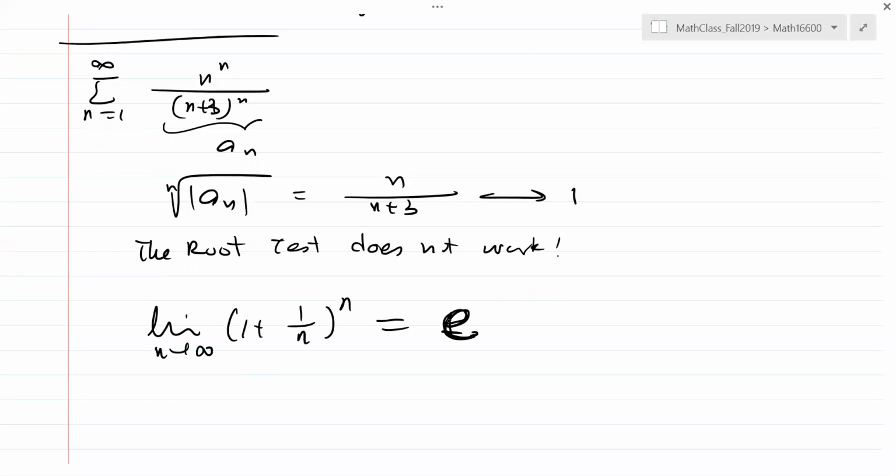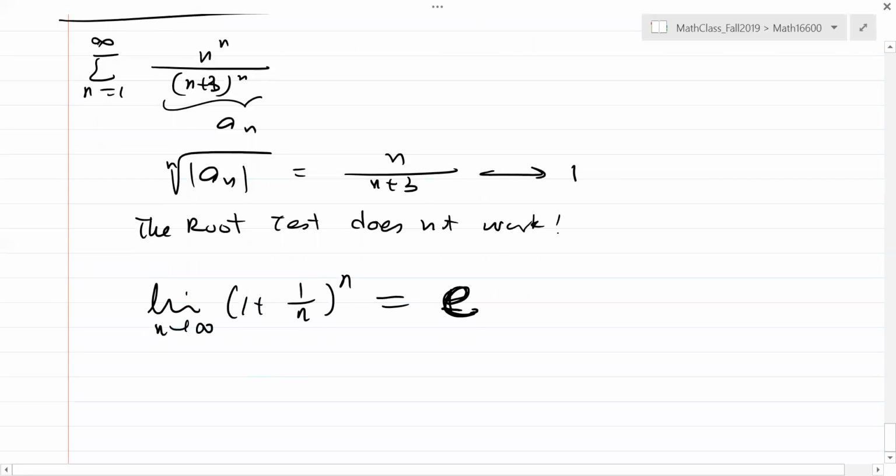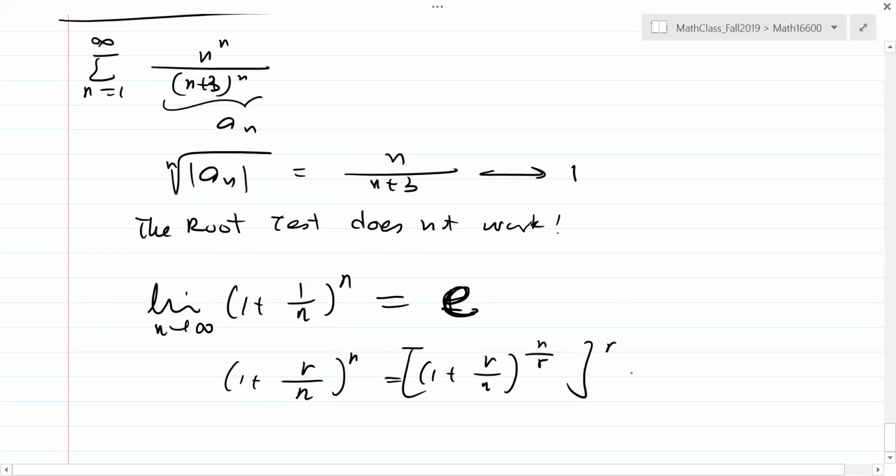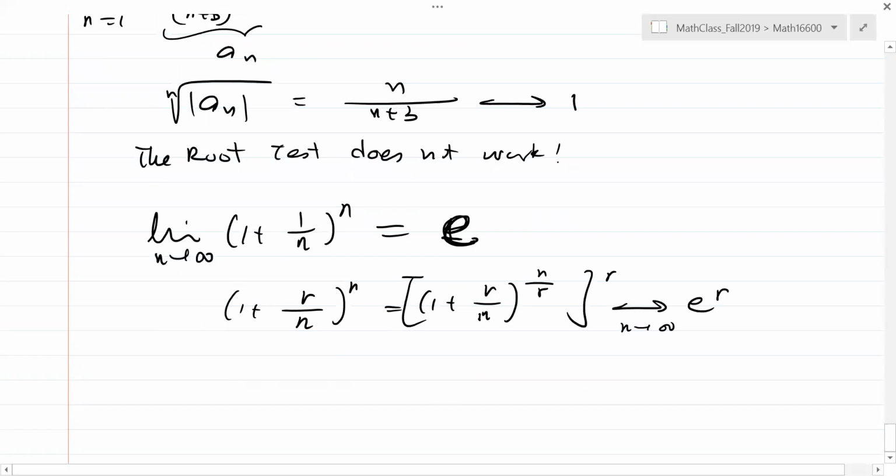Using this fact, I get the more general form, 1 plus r over n, to the nth power. When we calculate the interest rate, the limit is e to the r, as n approaches infinity.